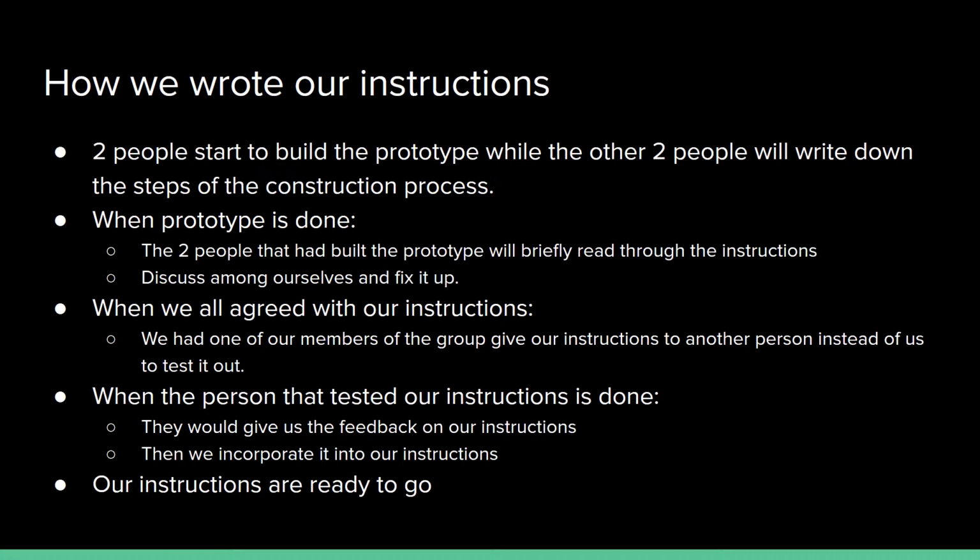When we all agreed with our instructions, we had one of our team members give the instructions to someone else instead of us to test it out. When the person that tested our instructions was done, we would have them give us feedback, and we would incorporate their feedback into our instructions. When we were done, we gave our instructions to another group.